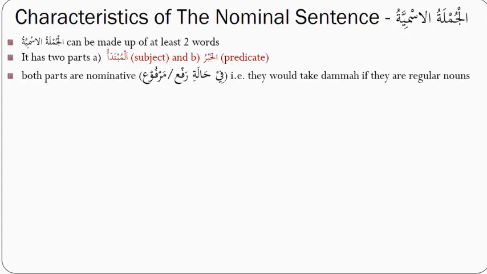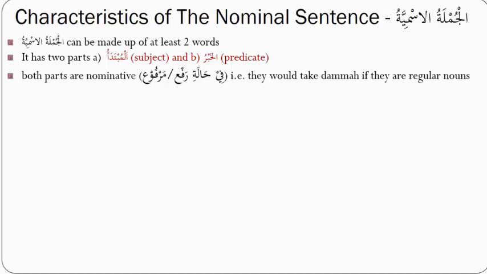And that is possible also. Both parts are nominative. That is fi halat al-rafa' or marfu'. Okay? We can say marfu'. Or sometimes we can say fi halat al-rafa'. We're going to go into that when we get there. But for right now, the mubtada is marfu' and the khabar is marfu'.